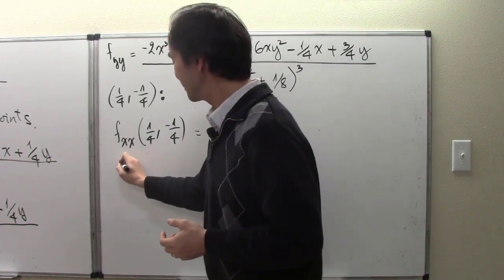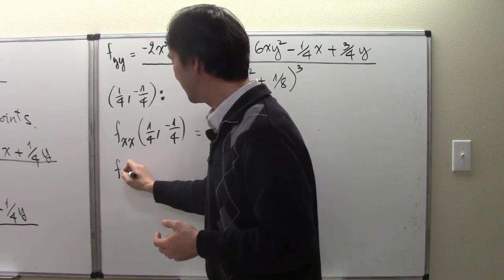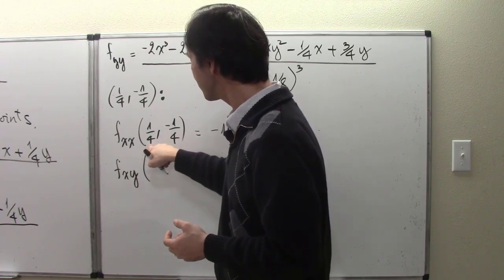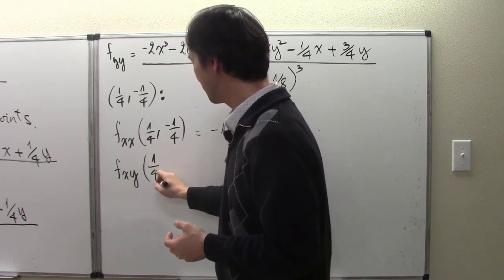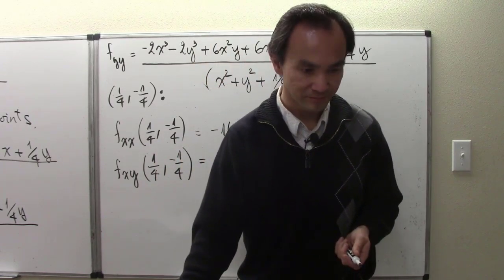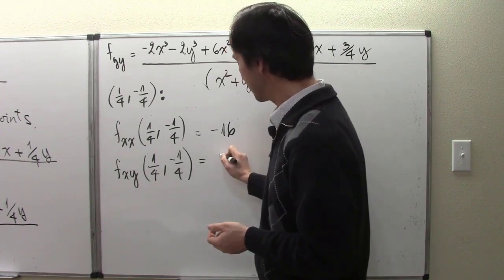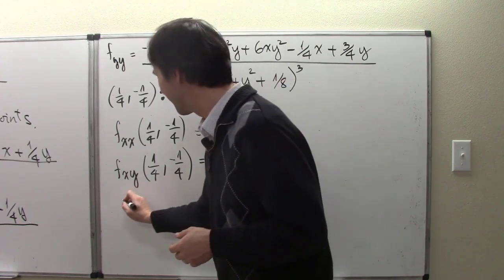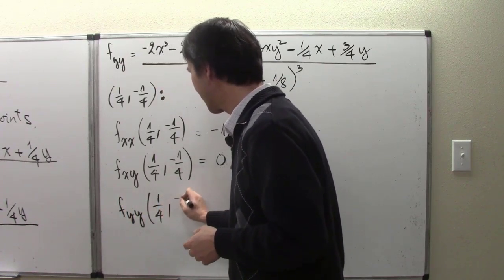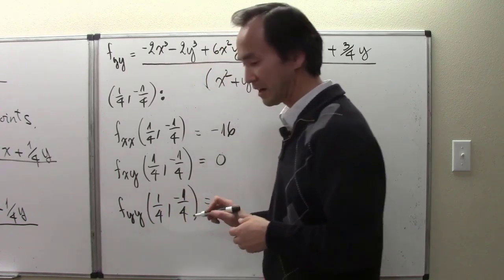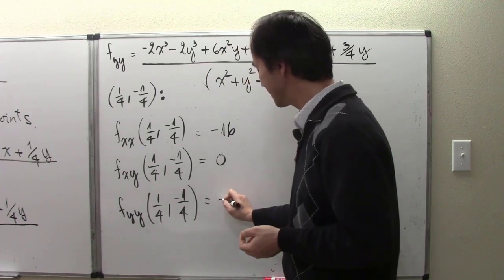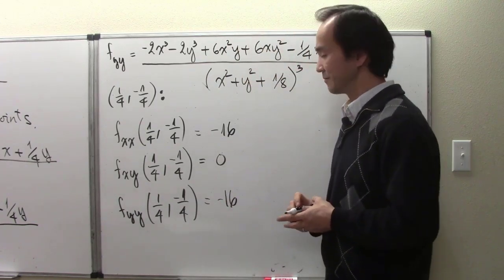It also gave me f sub xy at this point, 1/4, comma negative 1/4, coming out to be 0. And f sub yy at this same point came out, according to my calculation, negative 16 as well. So we got all the values.